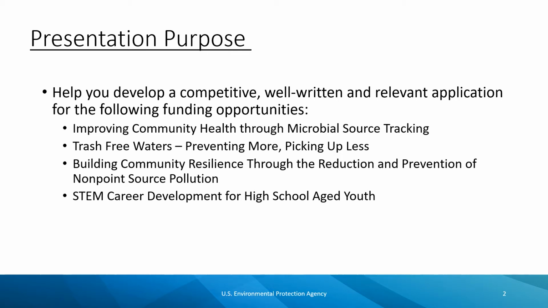This presentation will highlight some information from the RFA and provide a strategy for getting started. This presentation should not be used in place of reading or following instructions in the RFA, as this is not meant to be an all-encompassing presentation and only outlines portions of the RFA.